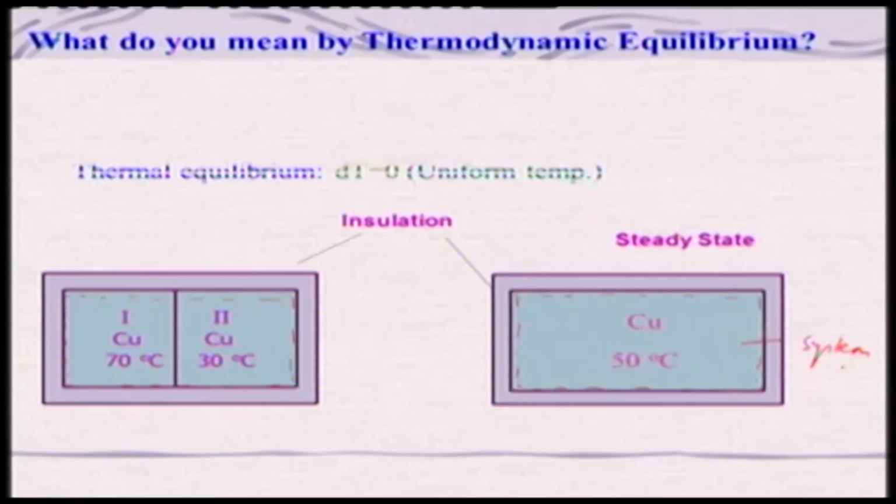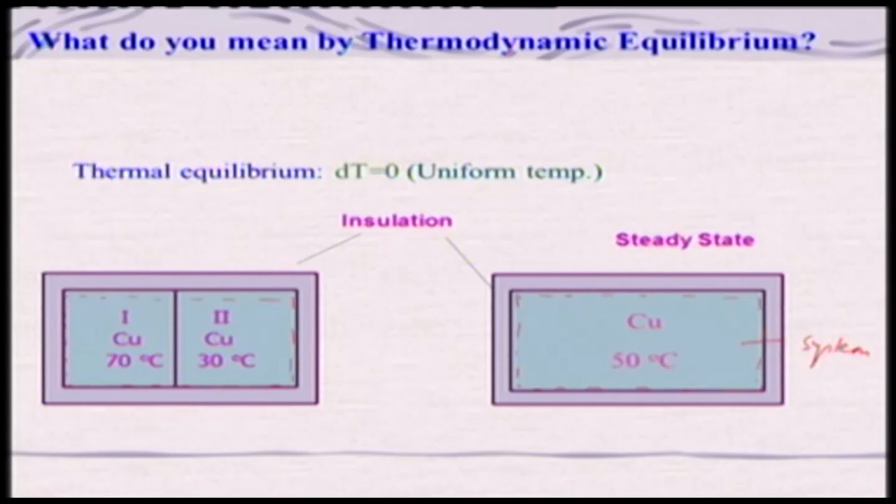But is it thermodynamic equilibrium? No, it is not. Actually, it is thermal equilibrium, because a uniform temperature is attained. But thermodynamic equilibrium has a wider connotation. There might be a pressure gradient, a concentration gradient, or a phase change.